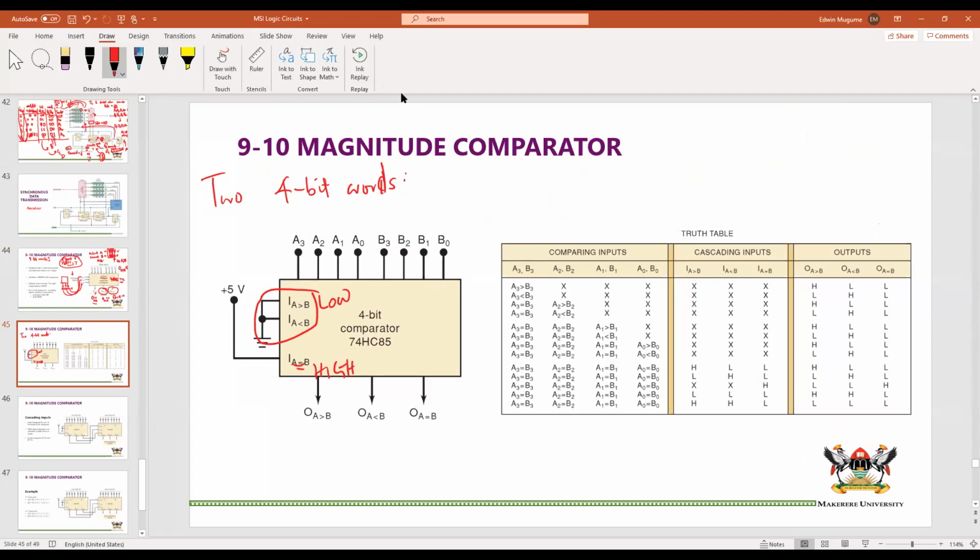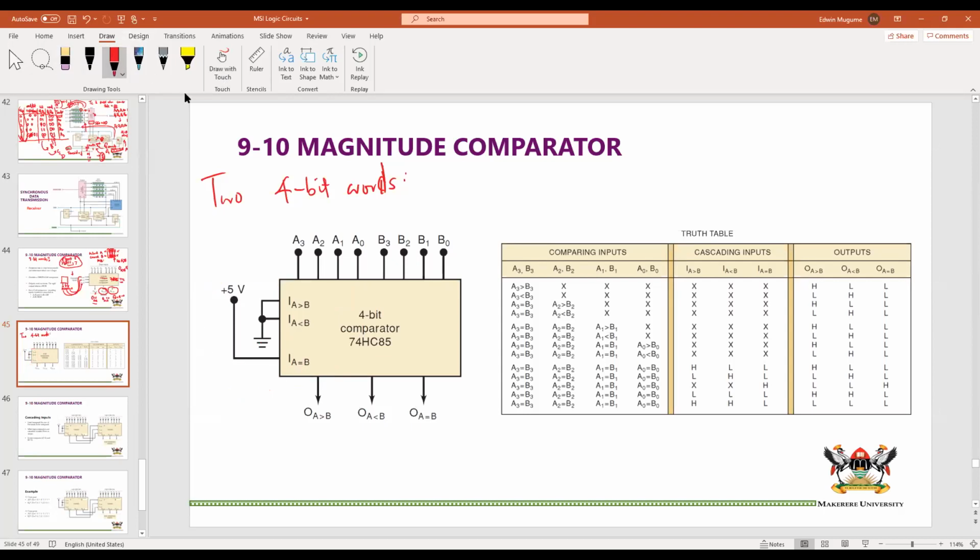If you want to get the right comparison, you should connect your cascading inputs like that. That is in a situation where you're only comparing two words, meaning you just want one comparator IC. This is how you connect them. Let us look at this truth table.